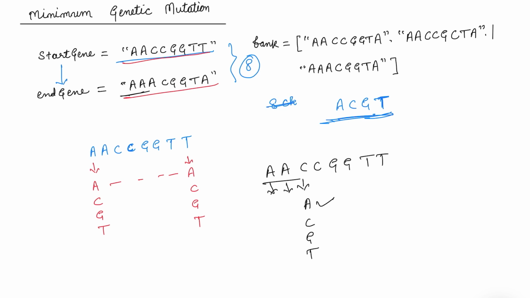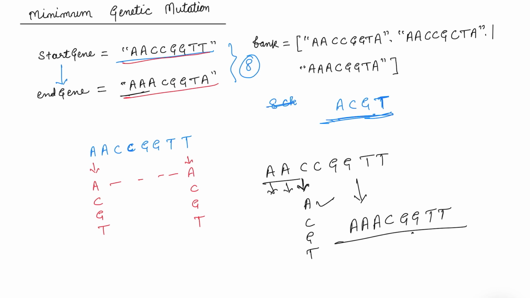So after this, if we put A as the third character, its mutated gene will be AAACGGTT. Then we will check if this mutated gene is available inside the bank or not. So you just check, this is not available.